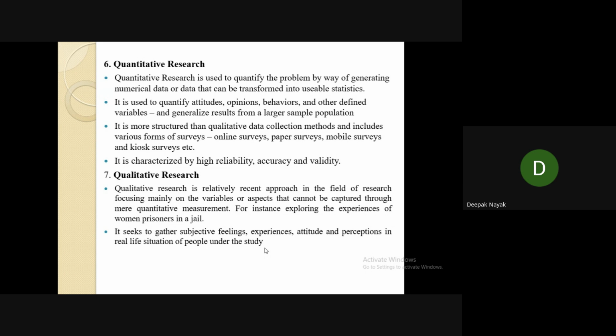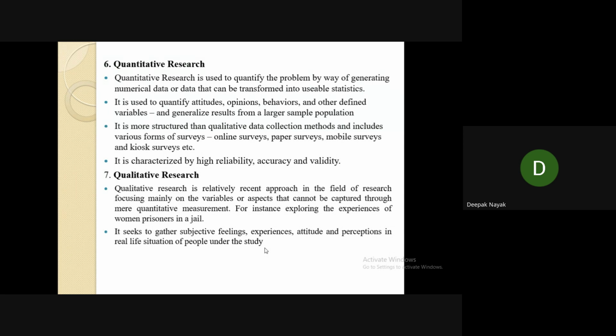They can be clubbed with any kind of research. Sometimes both can be used for the same study, same topic, same problem; we can simultaneously use quantitative and qualitative research. So what exactly happens in both kinds of research? Let us see.